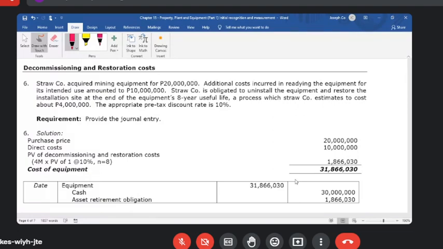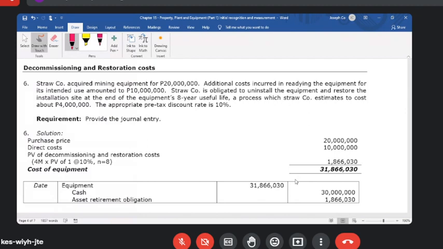Straw company is obligated to uninstall the equipment and restore the installation site at the end of the equipment's 8 year useful life. A process which Straw company estimates to cost about 4,000.